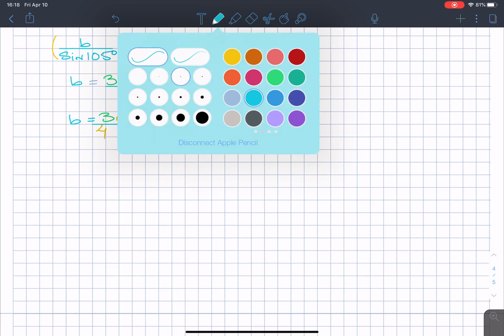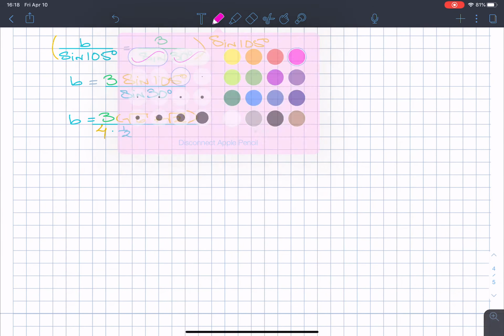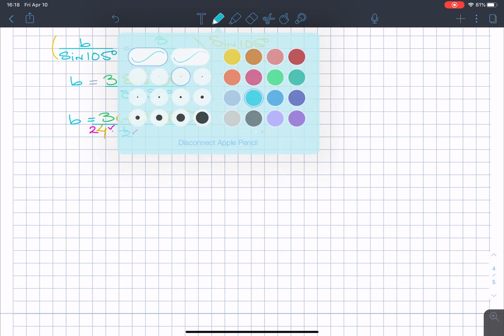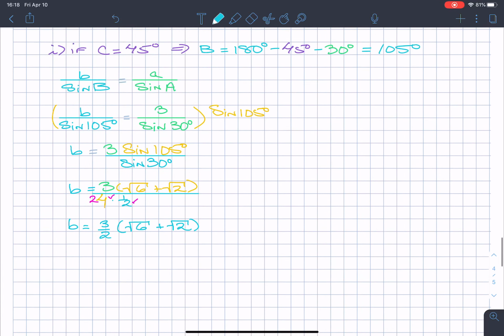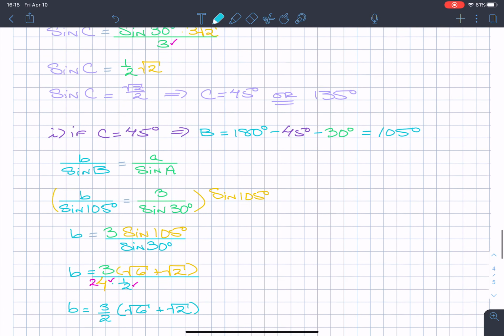And sine of 30 degrees is 1/2. So 2 goes into 4 twice, and little b is going to be equal to 3 over 2 times the quantity, square root of 6 plus the square root of 2. So in that case, I will have solved that triangle. However, there's case 2.